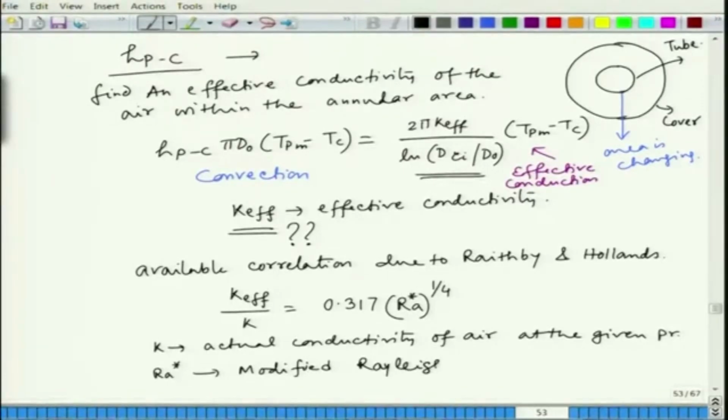Okay. And this R A star is the modified Rayleigh number. Why do we call it modified? Because it is related to the conventional Rayleigh number like this. Okay. So, R A star raised to the power 4 is related to the conventional Rayleigh number.